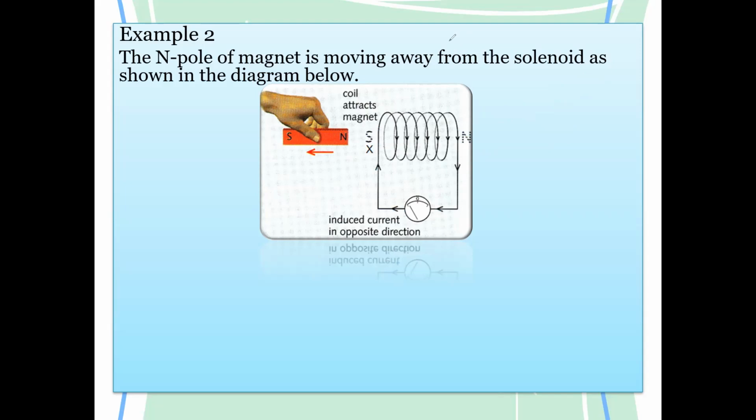If we are bringing a north pole closer, the same pole will be induced on the side we are bringing it. If we move the north pole away, the opposite pole will be induced just to oppose the change. So if the magnetic field is increasing, the solenoid will try to decrease it. If the magnetic field is decreasing, the solenoid will try to increase it.